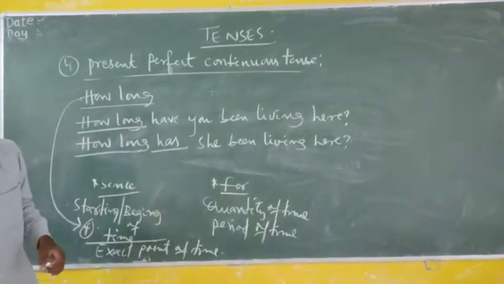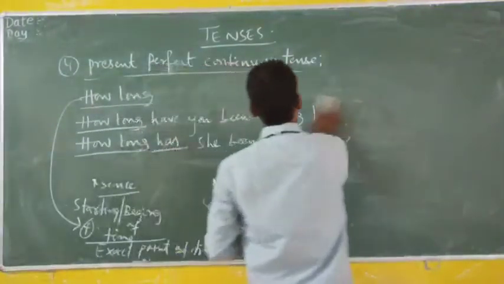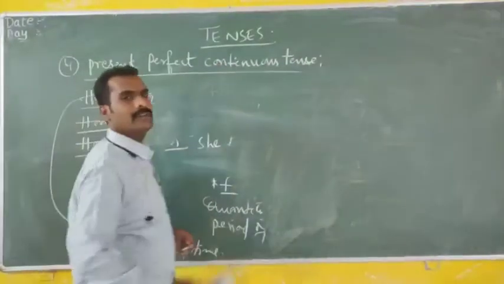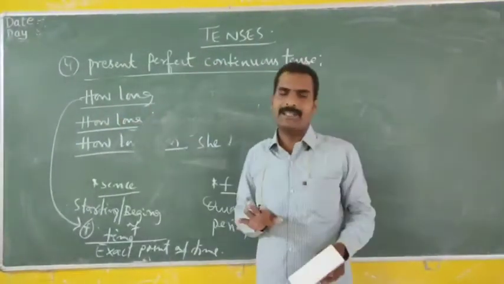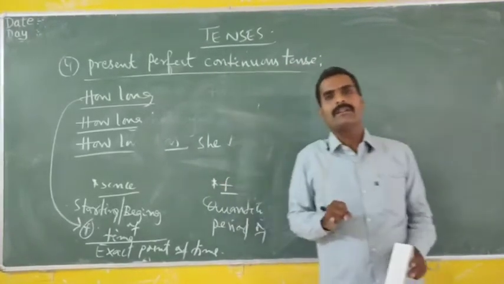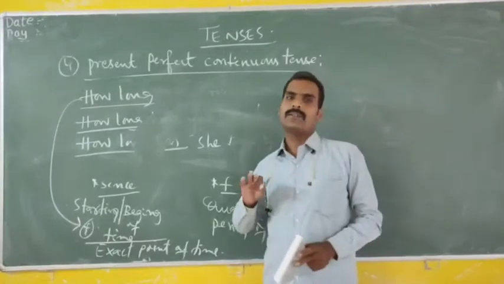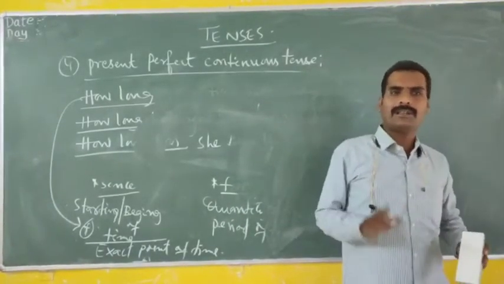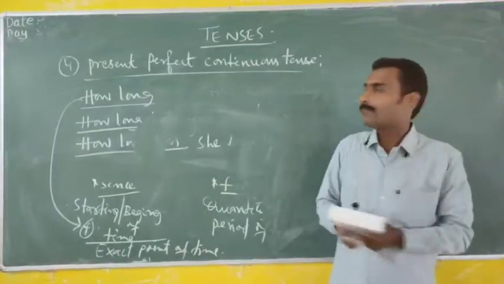Let's jump into another tense. Since we completed four tenses under the present tense: simple present tense, present continuous tense, present perfect tense, and present perfect continuous tense, that's all about the present tense.